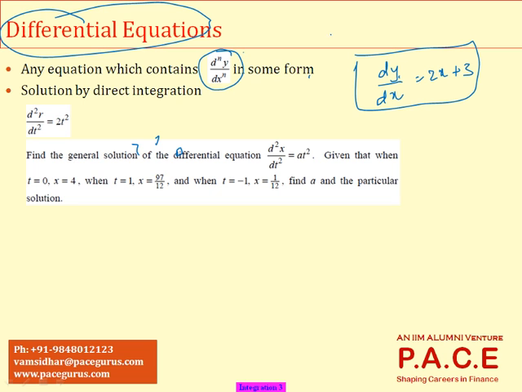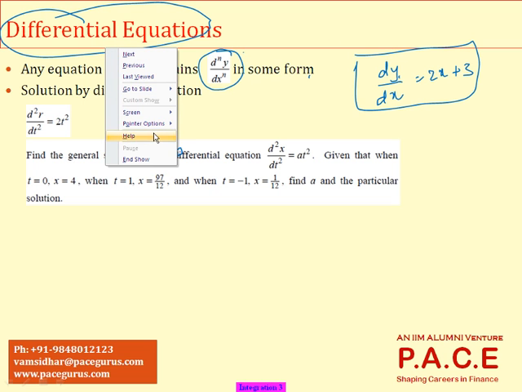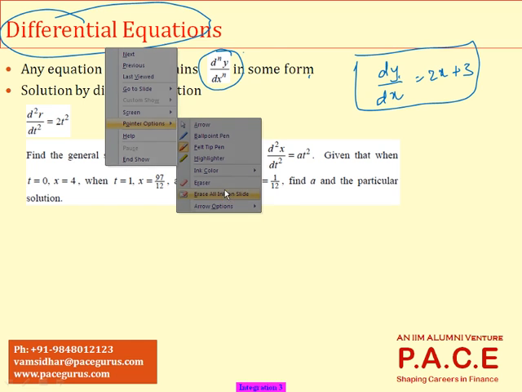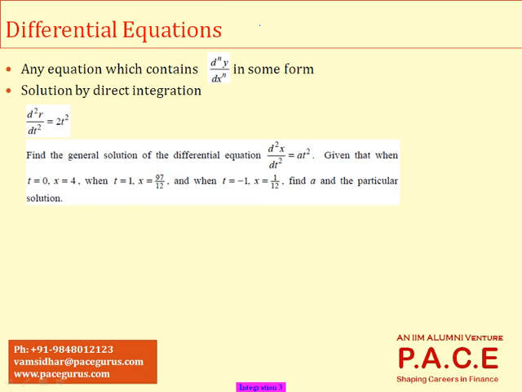So there are three methods of solving these differential equations. As far as our syllabus is concerned, we focus on three different methods to solve for these differential equations. The first one being the direct integration method. So if I take an example like this, d squared r by dt squared equal to 2t squared.